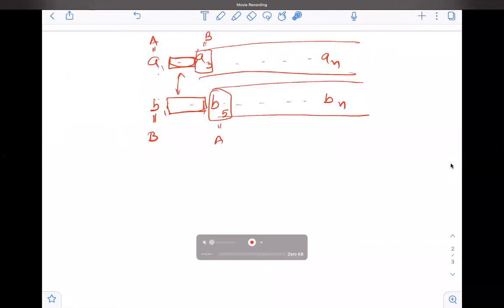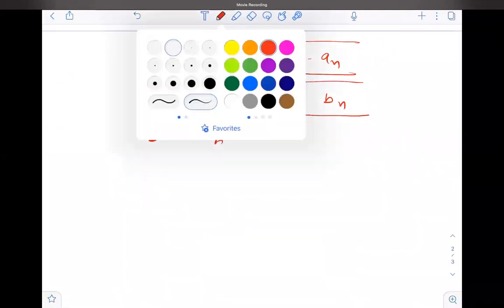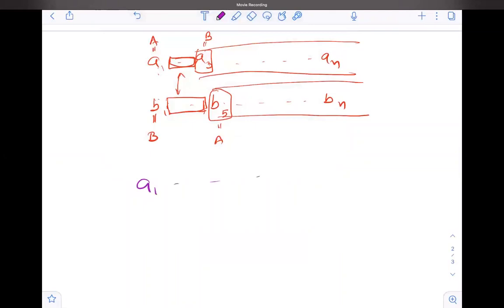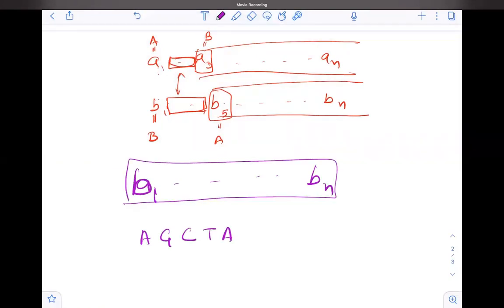Basically, I have B1 to Bn, and I have given you a small subsequence here, say it is A, G, C, T, A.